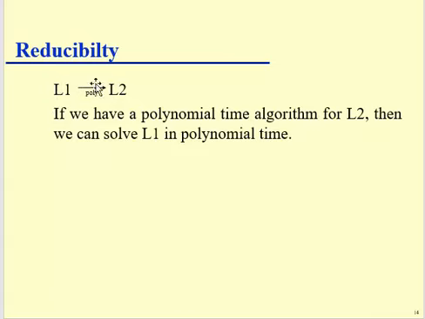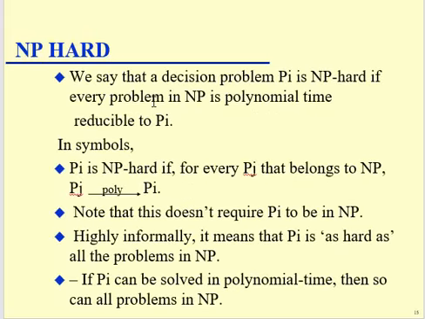That means L1 can be reduced to L2. Suppose you already have the polynomial time algorithm for L2. Then by using that algorithm, we can solve L1 also. That means this can be reduced to this one. This is called the reducibility problem. Now I can define what NP hard problems are.